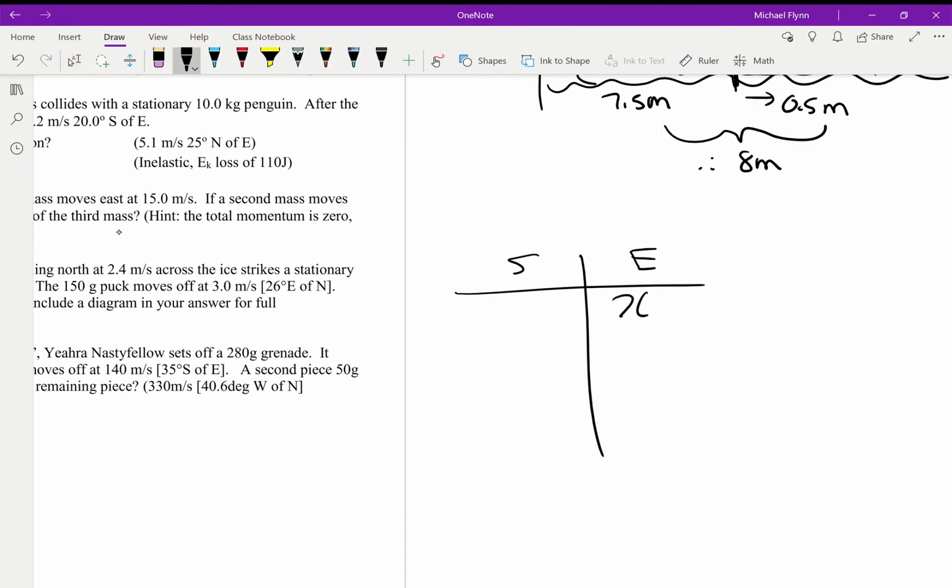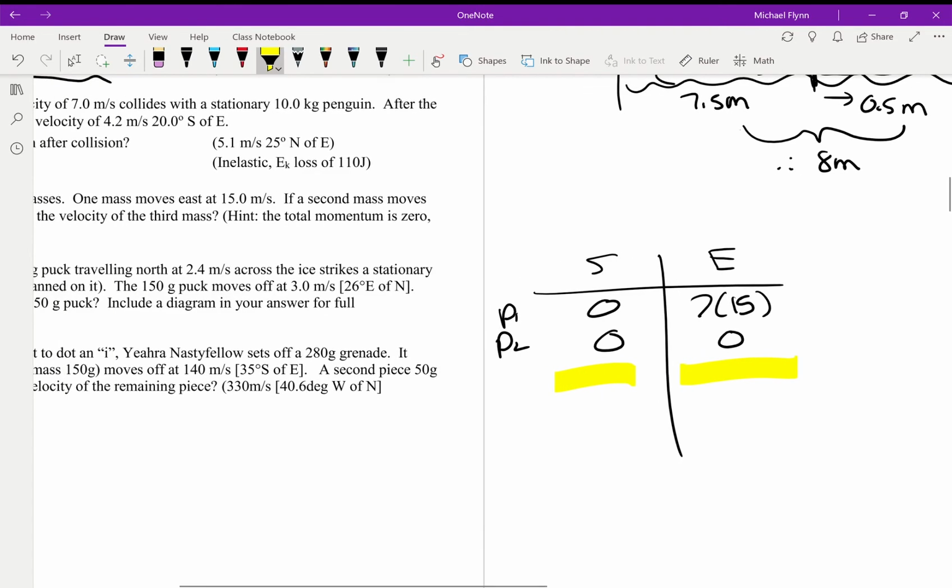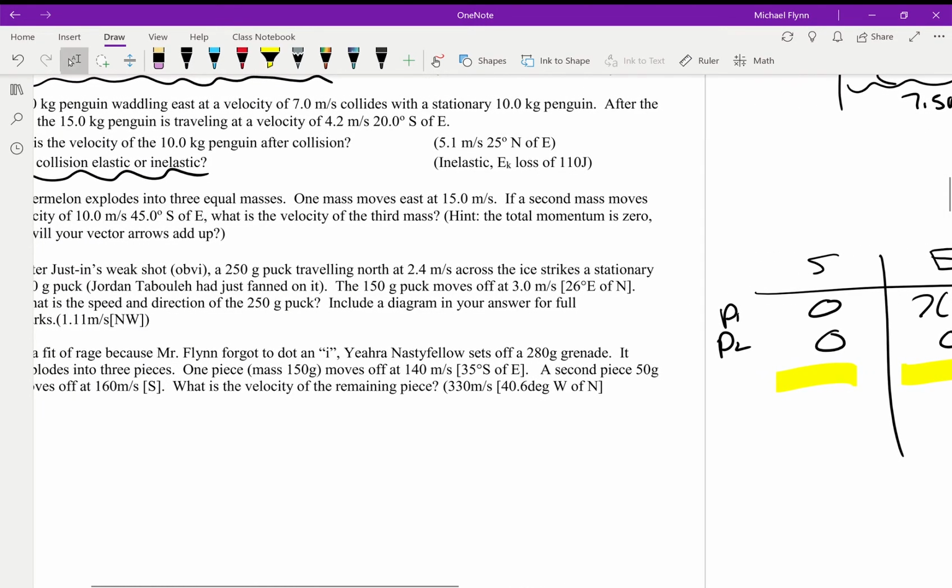So that's 7 times 15. The other penguin is 0. And so this is, if you like, P1, and this is P2. Now I'll put our yellow line. Okay, and we look at afterwards, it's 4.2 meters per second, 20 degrees south of east. So you're going to go like this.